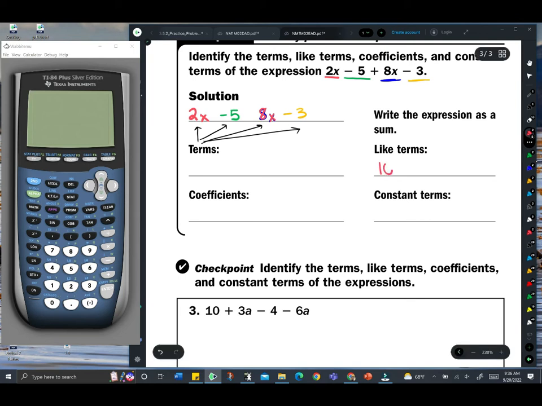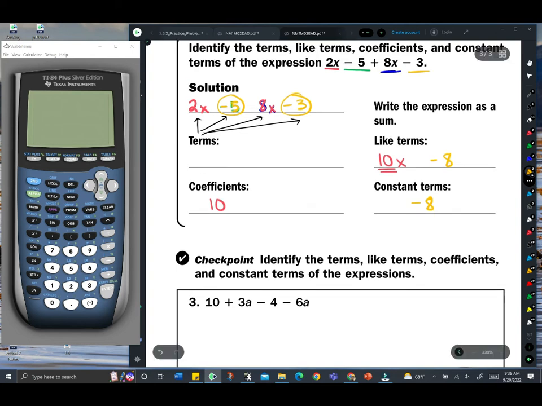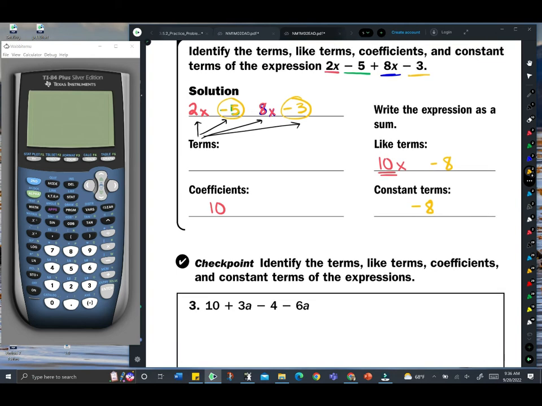So 2x and 8x can become 10x. 5 and negative 3, they're both constants, so we can combine those, and that would be negative 8. Now, in that expression, the coefficient is 10, and the constant term is negative 8. So I know I went over it a little funky there, but that's what we're looking into.